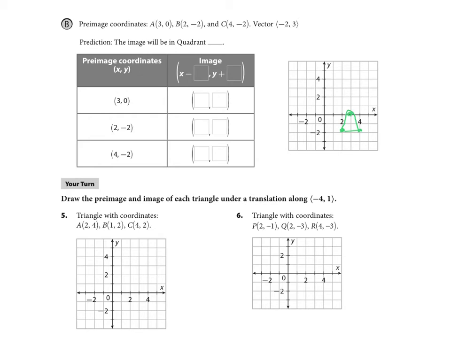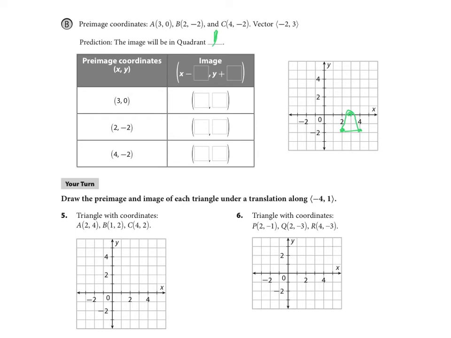So it wants us to make a prediction about what quadrant that image will be in. If I'm moving every one of those points left 2 and up 3, it looks like it would be in quadrant 1. Okay, so let's draw it and see.